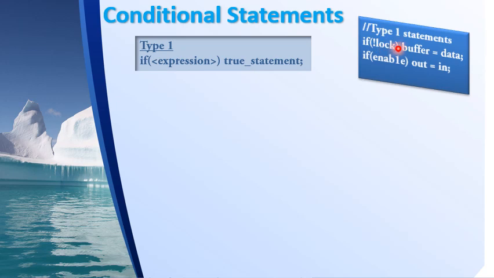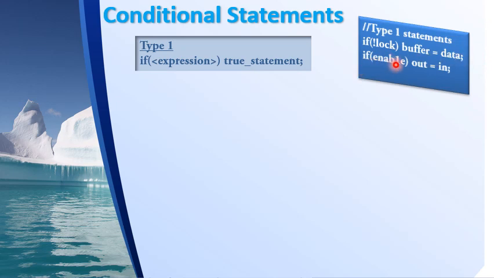So the expression is not of lock. Whenever the expression is true, the true statement will be executed. So always for the true statement to be executed, the expression value should be true or 1. So when lock is 0, this expression value will be 1. So buffer equal to data.